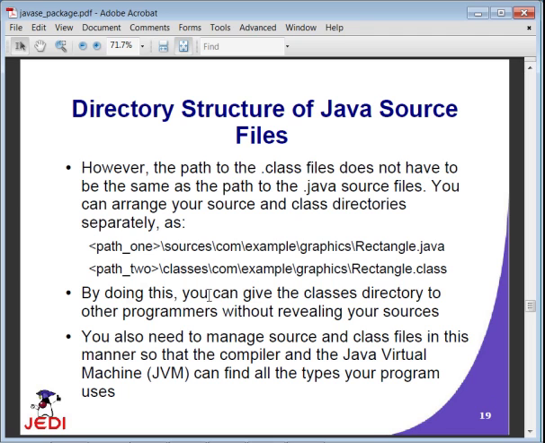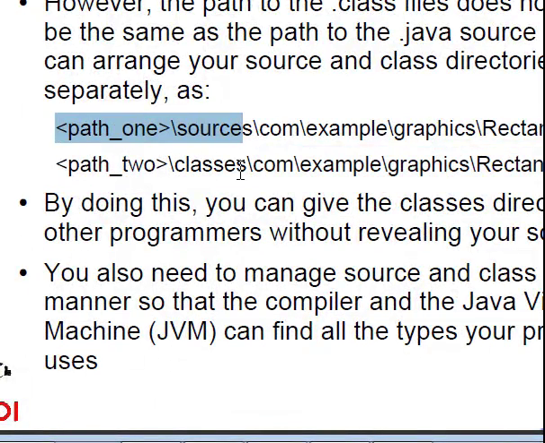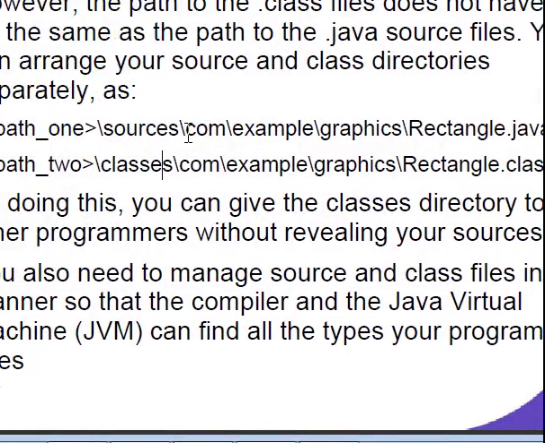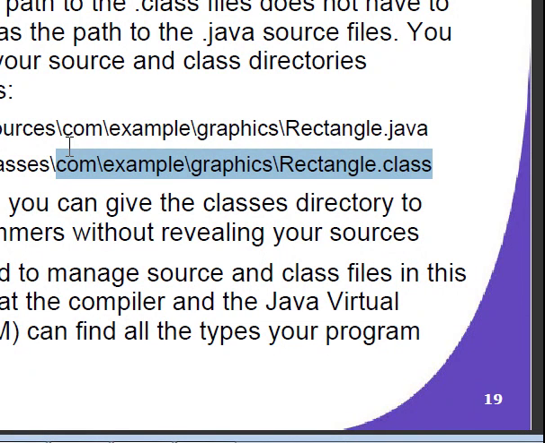Typically, let's say you have your Java file under the com.examples.graphics package. So we have a three-level packaging structure. Now, the class file should reflect that as well. However, as long as this structure is corresponding, the actual root location can be different. In fact, typically you want to have your source files in one tree structure, and your class files in a different tree structure.